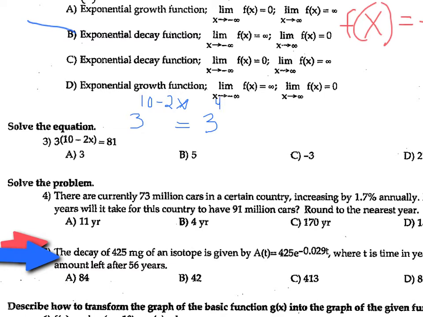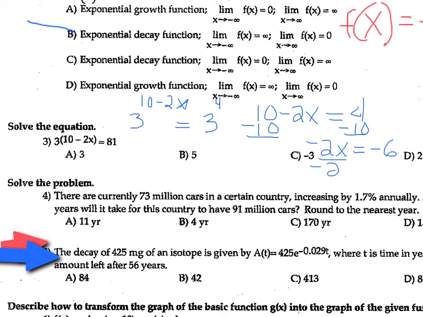And then once you have the same bases, 3 and 3, we just let the exponents be equal to each other. So you're going to have 10 minus 2x equal to 4. Then we just subtract 10 from both sides. And that would be negative 2x equals what? Negative 6. And then when you divide by negative 2, that's how you get x is equal to 3.